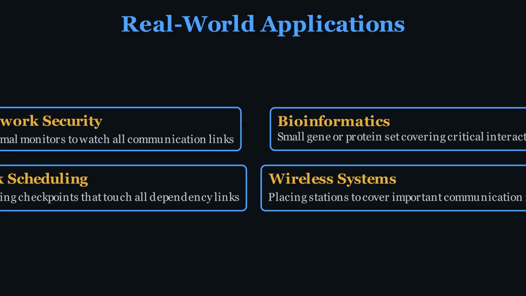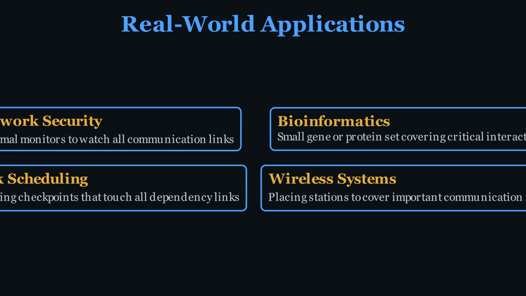Vertex cover appears whenever we want a small set of control points that collectively touch every relationship. In network security, that might mean choosing a small number of monitoring devices that can observe every critical connection. In biology, it can model selecting a compact set of genes or proteins that cover important interaction pairs.